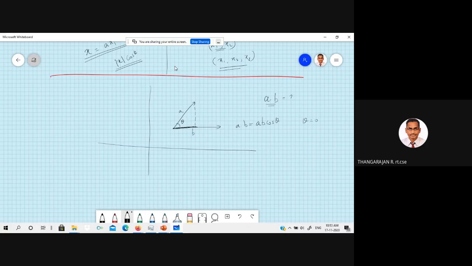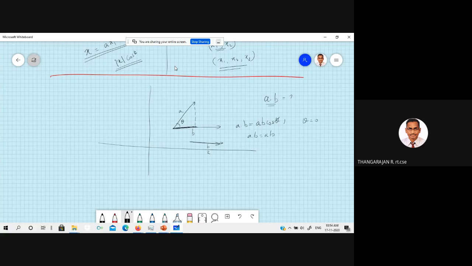In that case, both A and B are parallel, so this angle is 0, and the complete A is projected onto B. But here you see the projection is not complete, whereas when the angle is 0, you see the complete projection is on B. Therefore, when theta equals 0, cos theta will be 1, and the dot product A dot B is just AB.